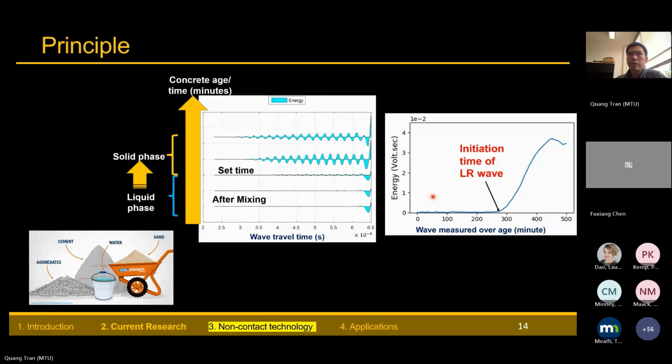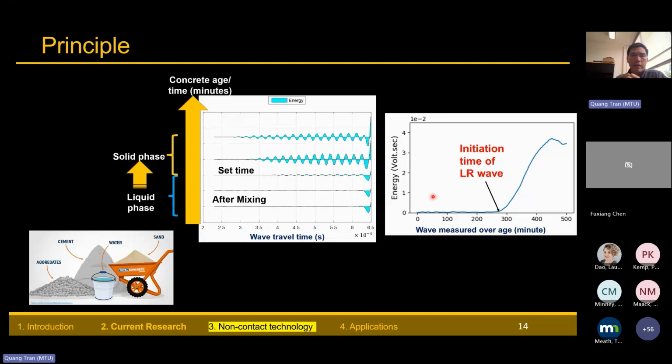One of the principles for having the Rayleigh wave is that we need two components of the wave, including the longitudinal wave, also called the compression wave, and another wave called the shear wave. The two components combine and create the surface wave. Without one of them, we're not going to see any signal of the surface wave.